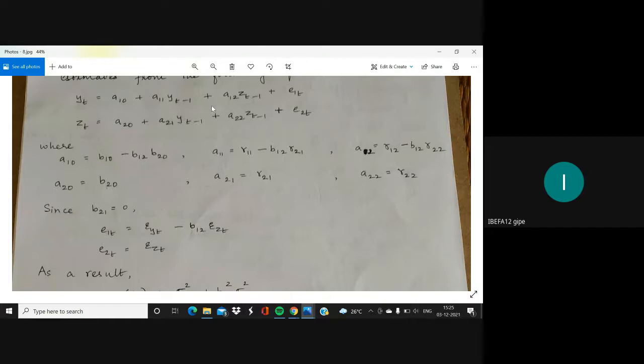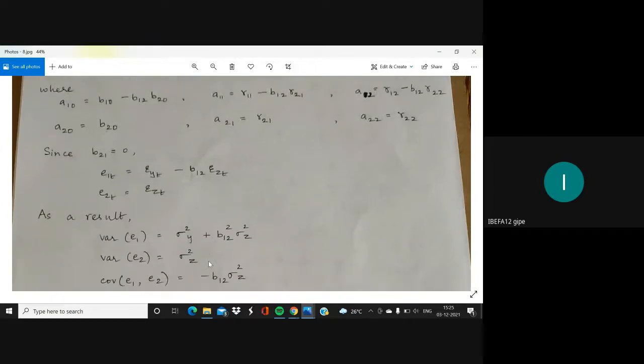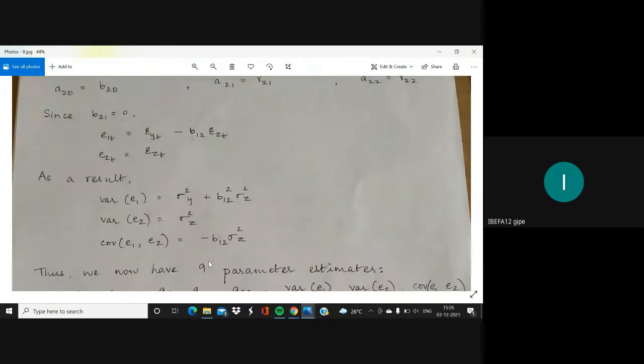If you're looking at the direct impact of the structural shocks on zt, you'll find that only shocks to epsilon zt will affect zt here. No shock to epsilon yt will affect zt directly, whereas shocks to both epsilon zt as well as epsilon yt will affect yt. That is the difference this restriction makes to the entire system of equations.